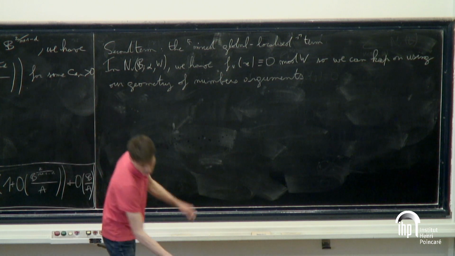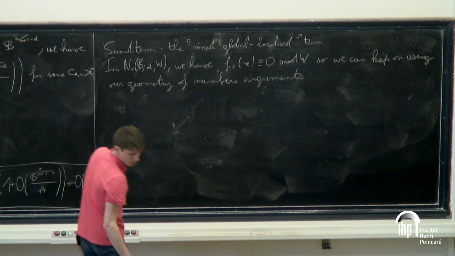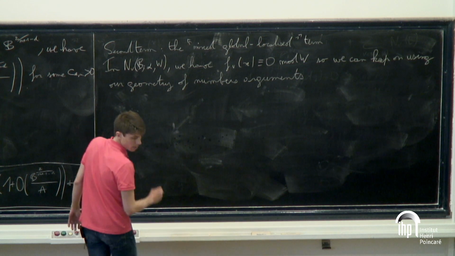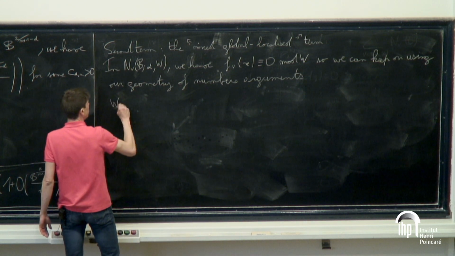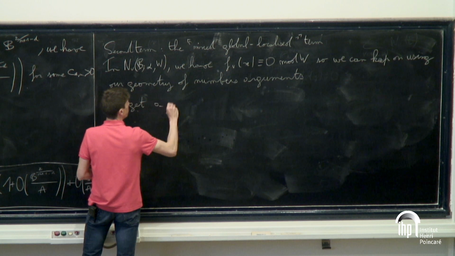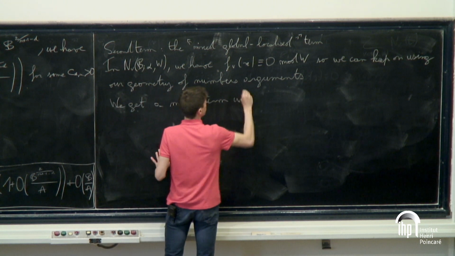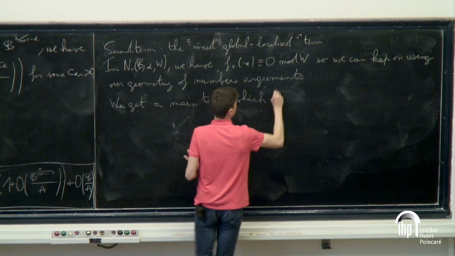Okay, so what do we get? This time I'm not going to do everything again, I'm just going to tell you what happens in the end. We get a main term, which looks like that.